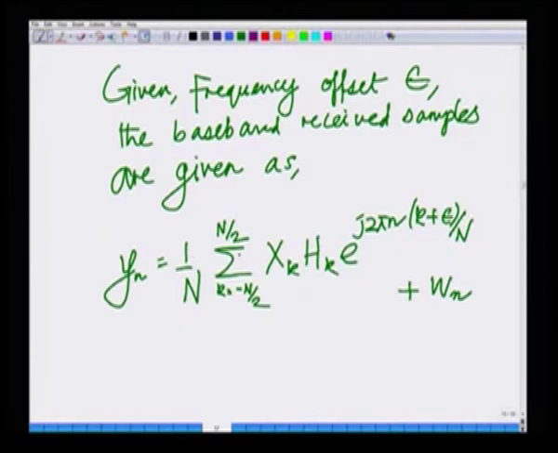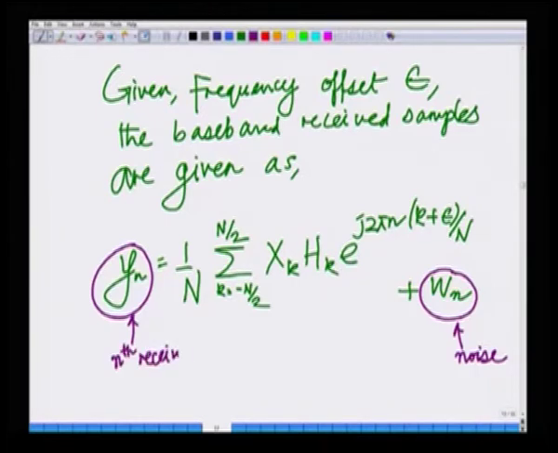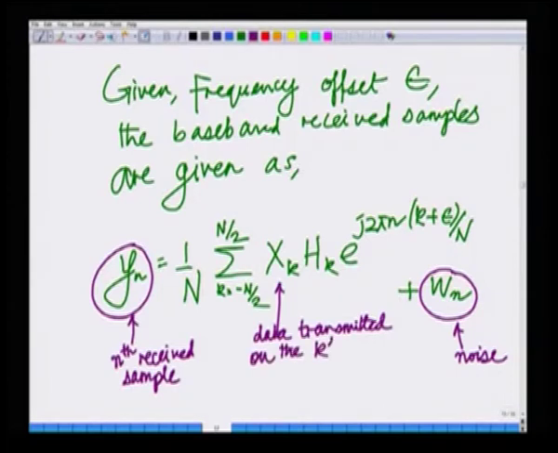Hence, the received sample y n in the presence of a frequency offset epsilon is given as 1 over N summation k equals minus N by 2 to N by 2, where N is the number of subcarriers, x k h k e to the power of j 2 pi n (k plus epsilon) over N, plus w n. This w n is the noise. y n is the nth received sample, x k is the data transmitted on the kth subcarrier, and h k is the channel coefficient across the kth subcarrier.